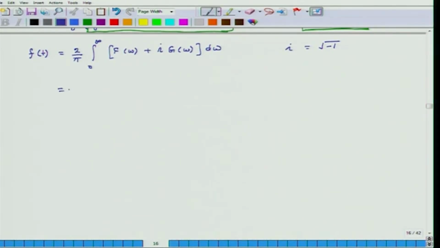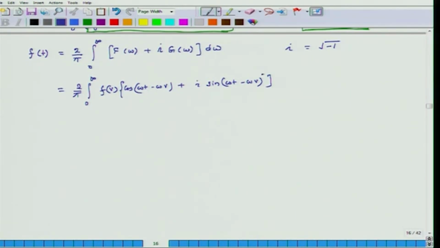Okay. So this is equal to 2 over pi, integral 0 to infinity, f of v, cosine of omega t minus omega v, plus i sine of omega t minus omega v.